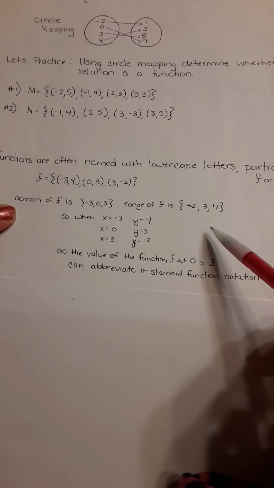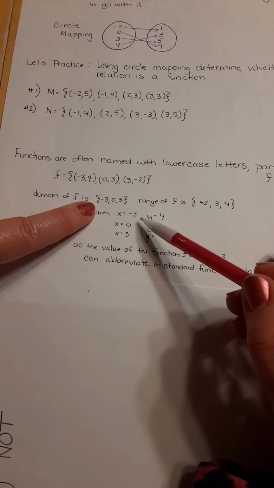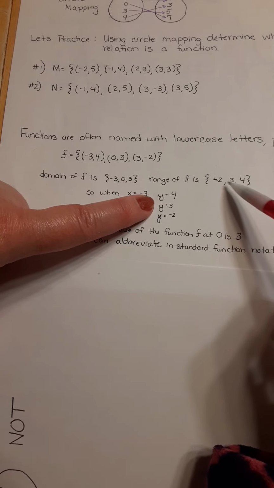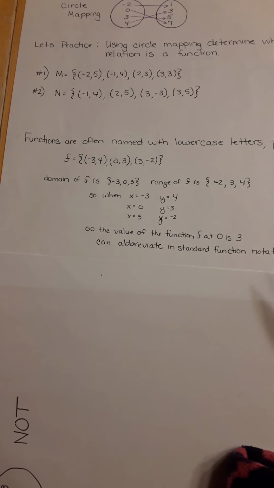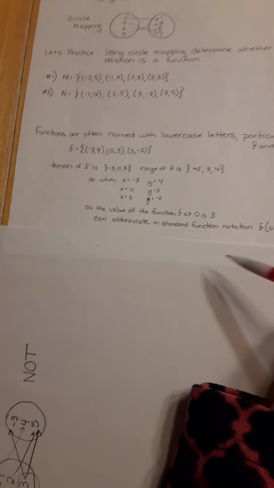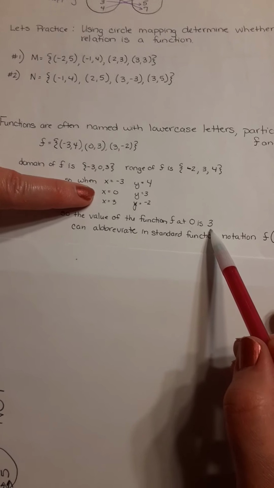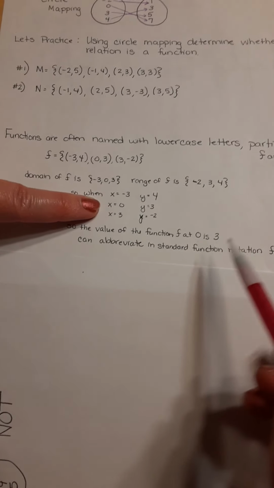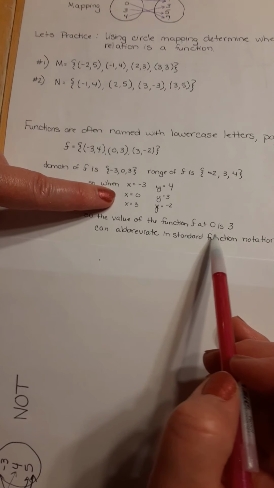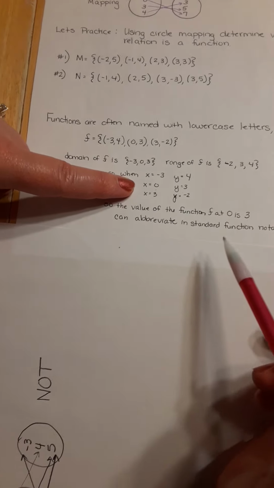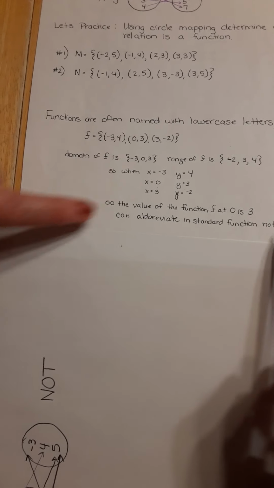In this case, my x's were -3, 0, and 3, and my ranges were all my y values. So the value of the function f when x is 0 is 3. It's just a fancy way of saying what is the y value when I have this x.